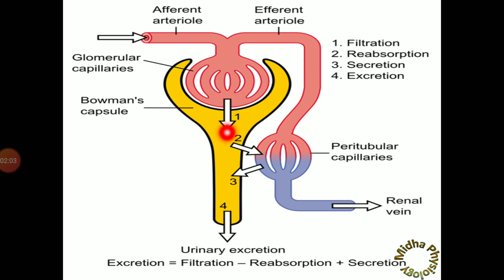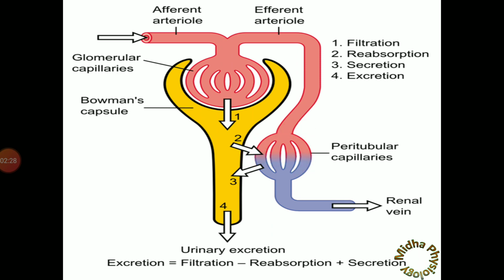So if all this water and electrolytes is eventually coming out in the urine without the role of reabsorption, then the water and electrolyte depletion would lead to various disorders in the body. So the reabsorption of those water and electrolytes back to our circulation is very important.